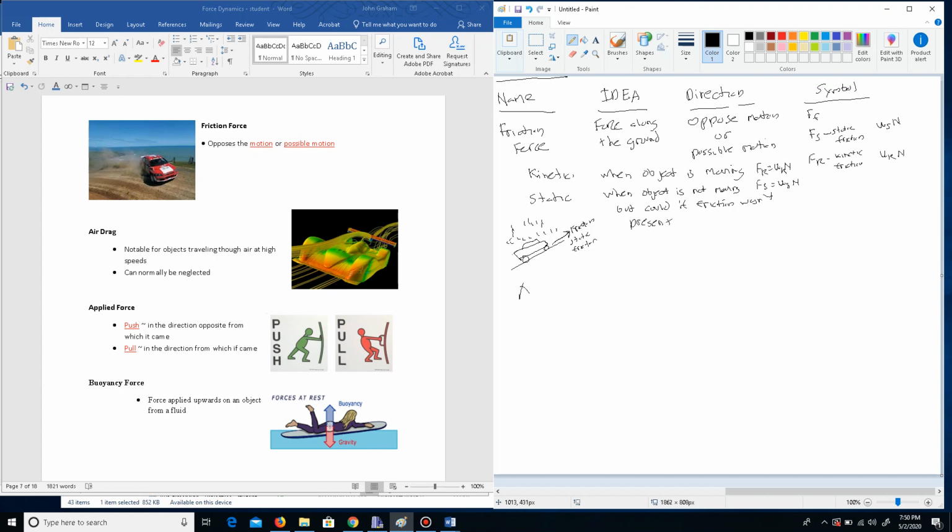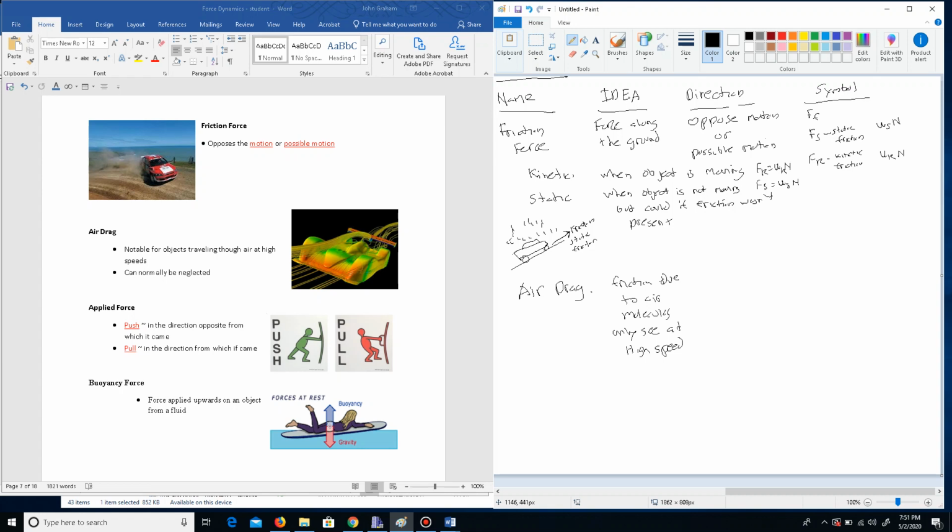Okay, air drag. This is kind of friction due to air molecules. We really only see this at really high speeds, so we don't really worry so much about it.